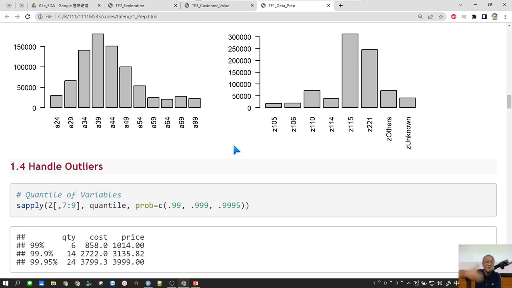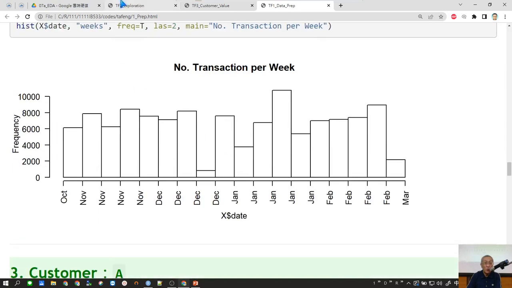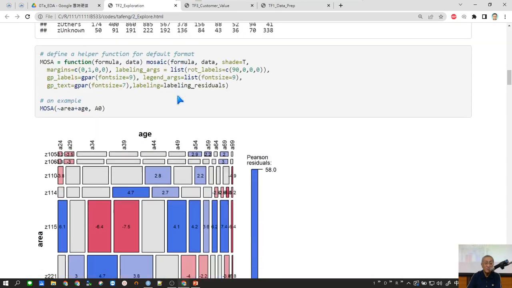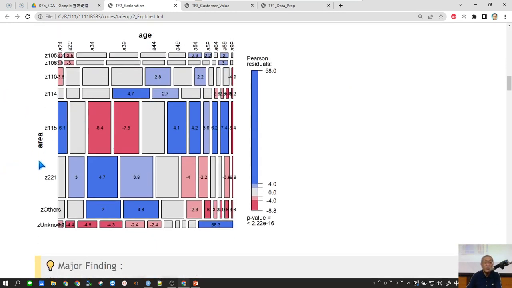Seeing one variable at a time is easy. You just use a bar plot, or a histogram if you are looking at a continuous variable. But as I said, age is a categorical variable, and area is another categorical variable.